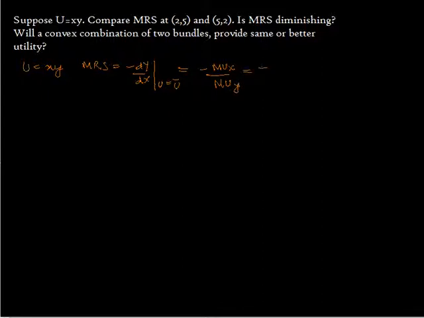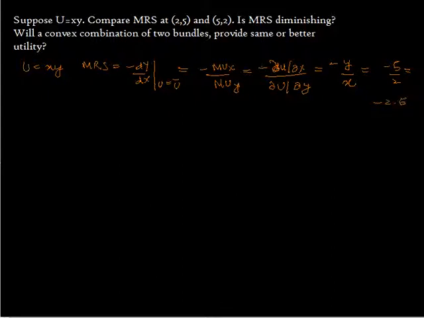How do you find out MUx? del u by del x upon del u by del y. What is del u by del x in this case? y. What is del u by del y? x. Now you just put in (2, 5). So it is minus 5 by 2, which is equal to minus 2.5.